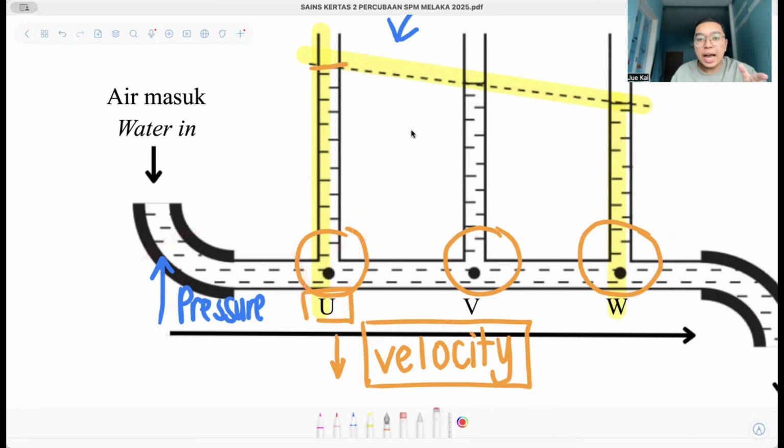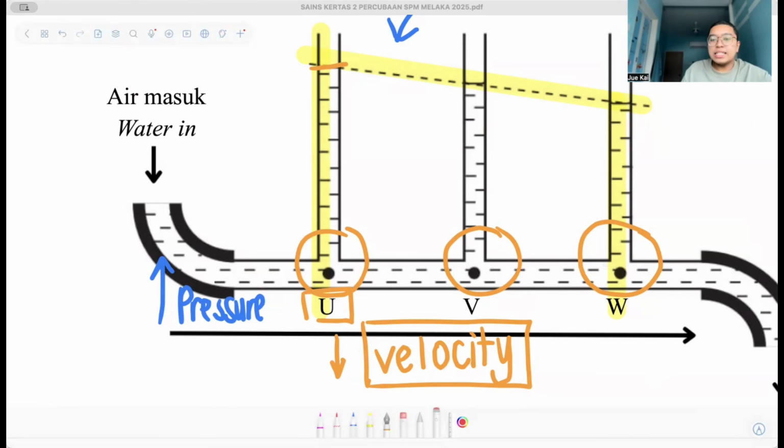Why is pressure high? Because when the pressure is high, it can push the water until the highest level. Clear or not clear? Don't confuse, guys. When the velocity is low, pressure is high, that means it can push the water. Can or cannot? Good.